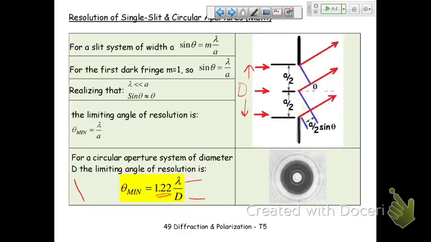If the two things are separated by a bigger angle, we can easily resolve them. If the two things are separated by this angle, we can just resolve them. And if the things are separated by a smaller angle, we can't resolve them. So for any optical system, we can point to it and say, that's got a minimum angle of resolution.